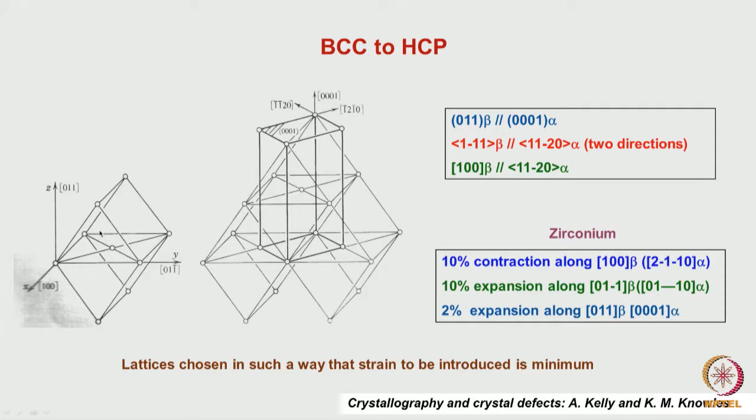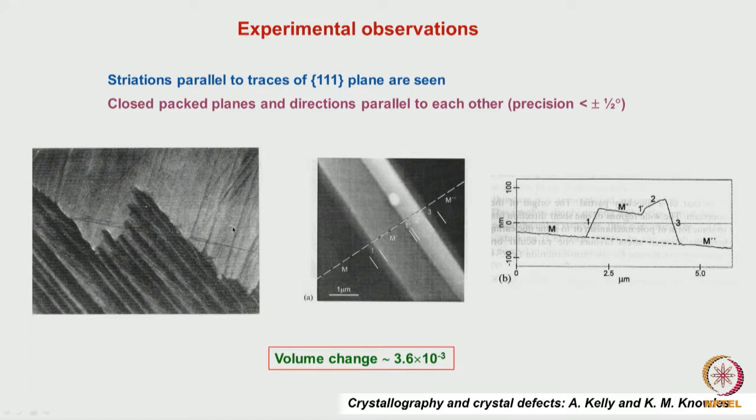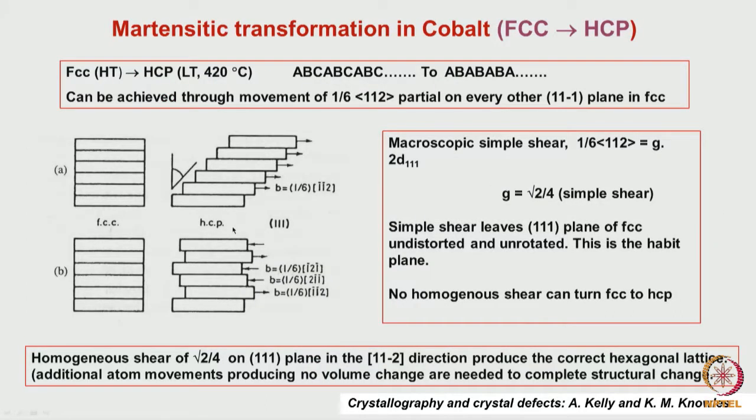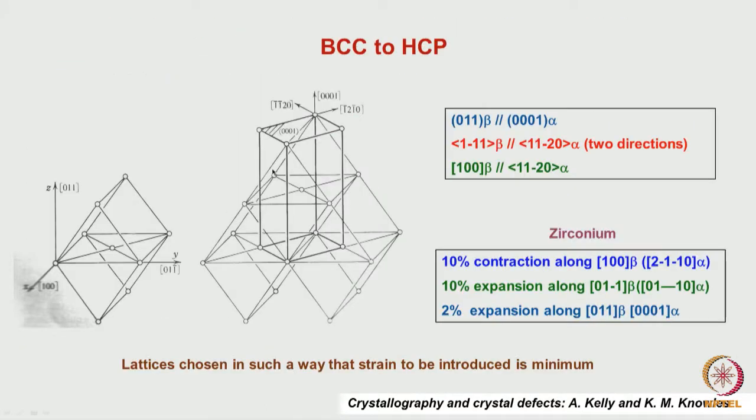To this unit cell, if I give some distortion, elongate it in one direction, compress it in another direction and elongate it maybe in another direction, by introducing these shape changes we can transform it to any shape we want. So, these changes lead to the hexagonal unit cell.